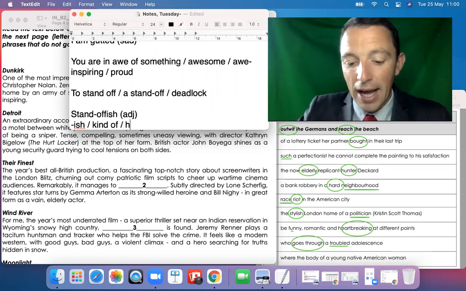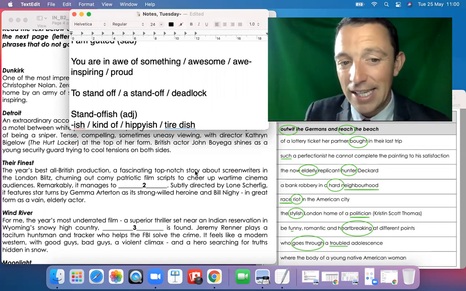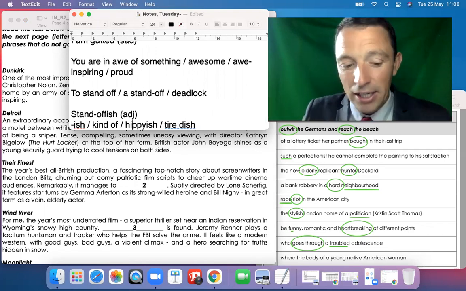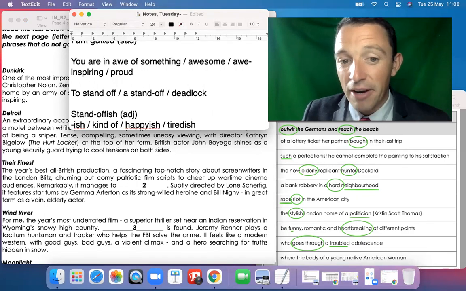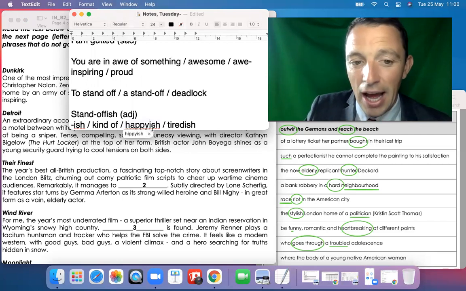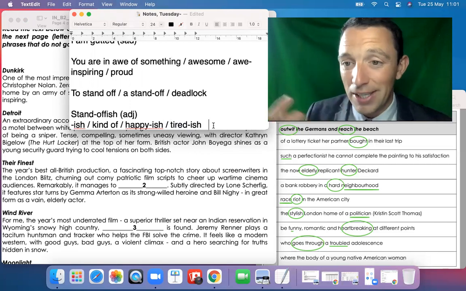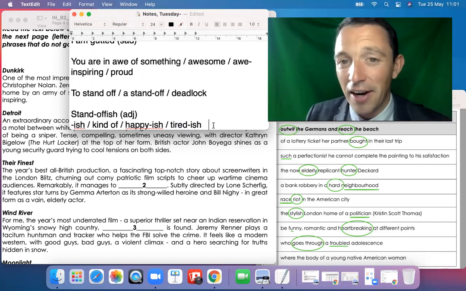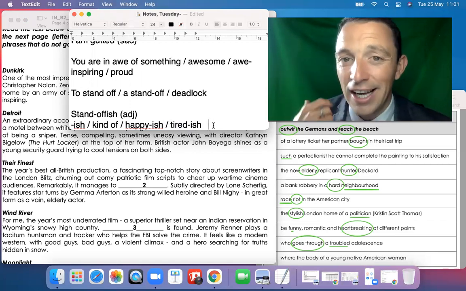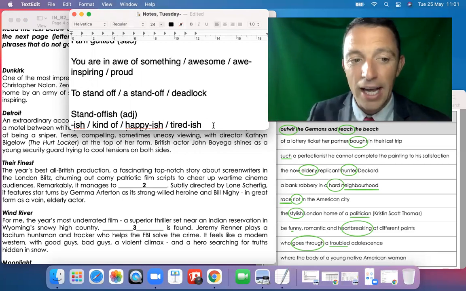So for example, happy-ish, tired-ish, and the significance is kind of happy, kind of tired, and it's very typical in conversation in English, okay?